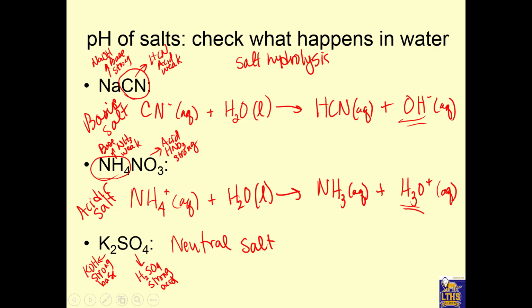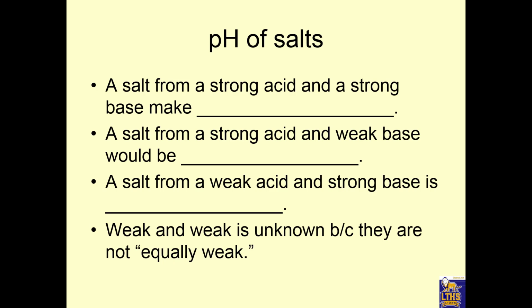All right, so salts can hydrolyze and make your solution turn acidic, basic, or neutral. The key to knowing it is you look at where it came from. If it came from a strong acid and a strong base, then it's going to make a neutral salt when it hydrolyzes. A salt from a strong acid and a weak base is going to make an acidic salt.